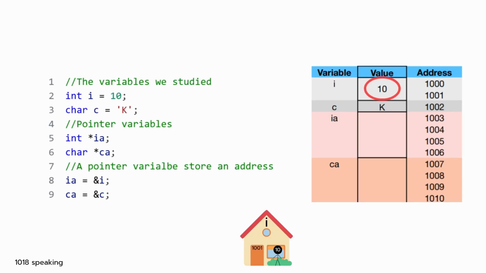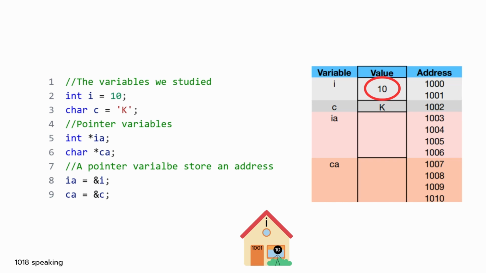Now, let's take a closer look at what actually happens in memory when we assign those pointers. First, look at the integer variable i. It stores the number 10 and we can see it occupies its own memory address. Let's say 1000.